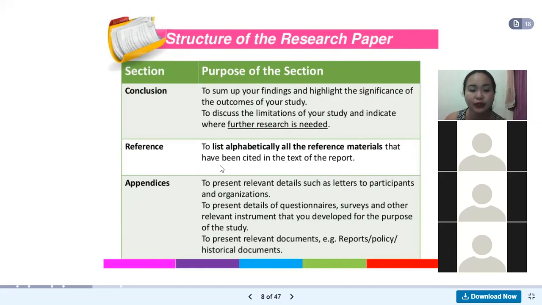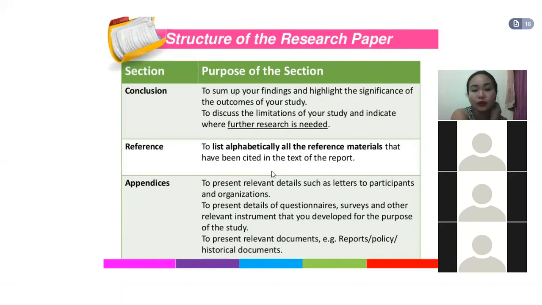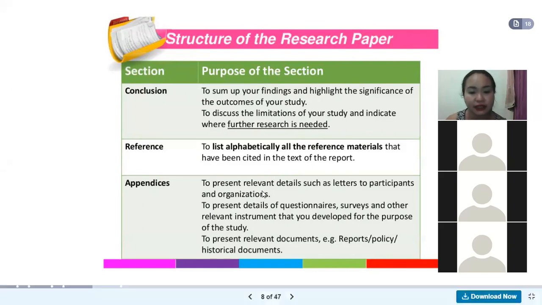And lastly, for your references, you are going to list them alphabetically, from letter A to letter Z. And as I have said, we have a format on how to write your references. We will be discussing each of these one by one.